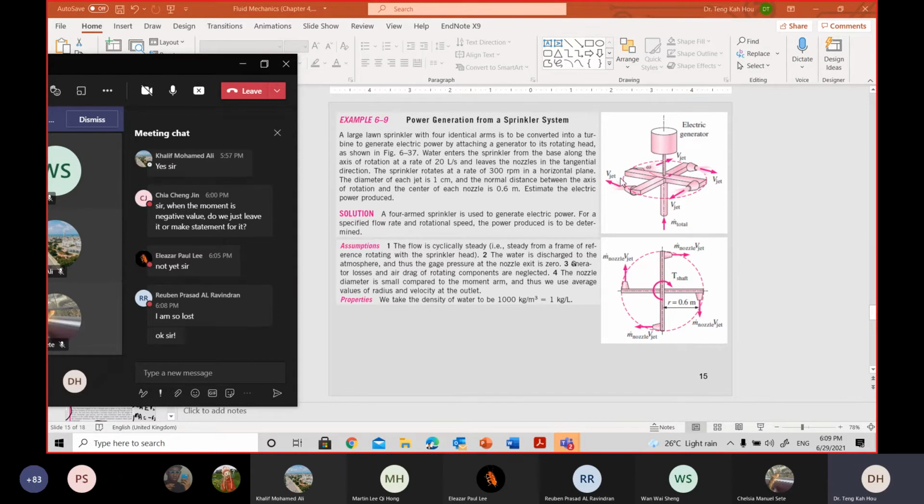And I believe the first part should be easier because you already know well what the mass flow rate is. So in this case, of course, you need to find your velocity, am I right? Because you need to know what your MV is. Just have a try, okay?